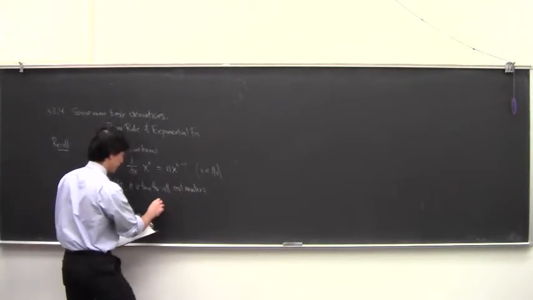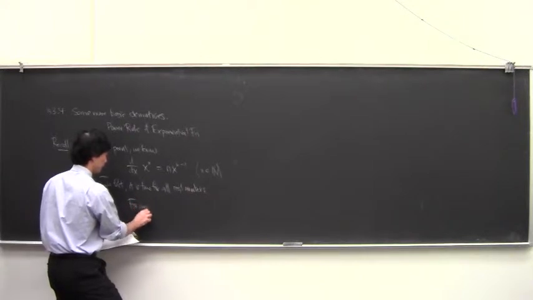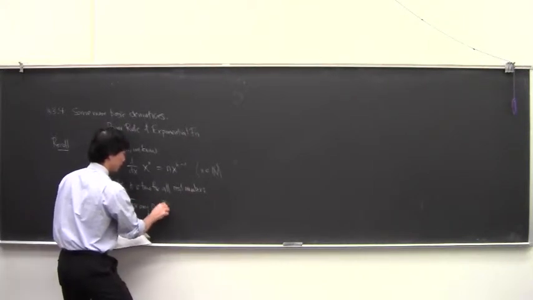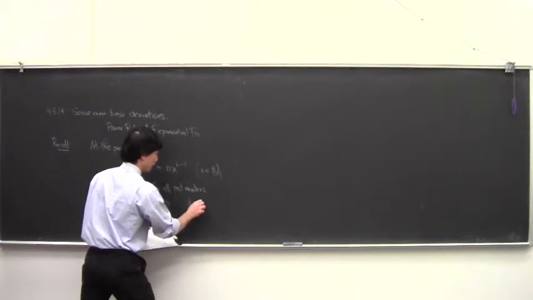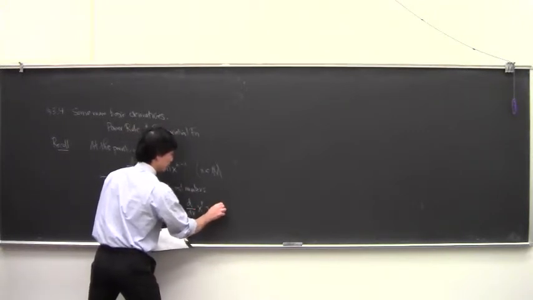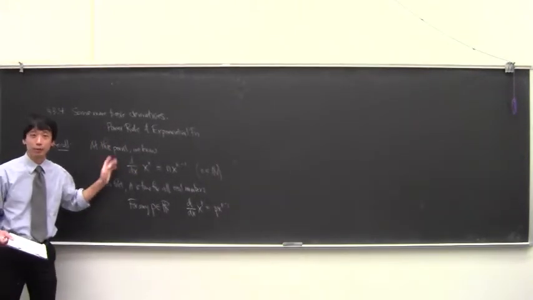So basically, for any power that's a real number, it's true that the derivative of x to the p is px to the p minus 1. So the power rule holds for all numbers.